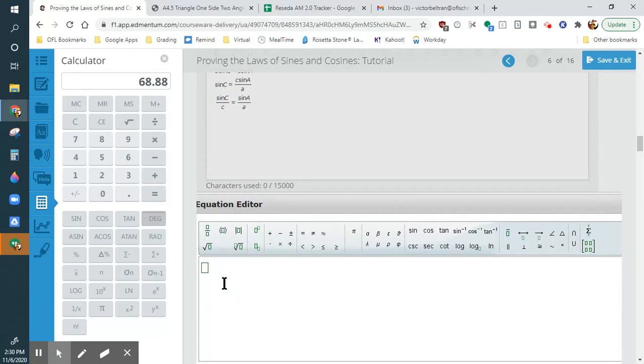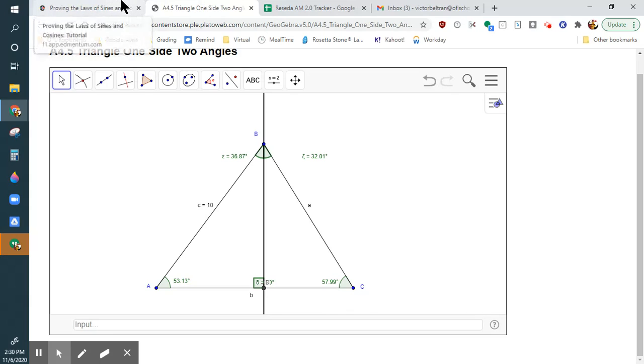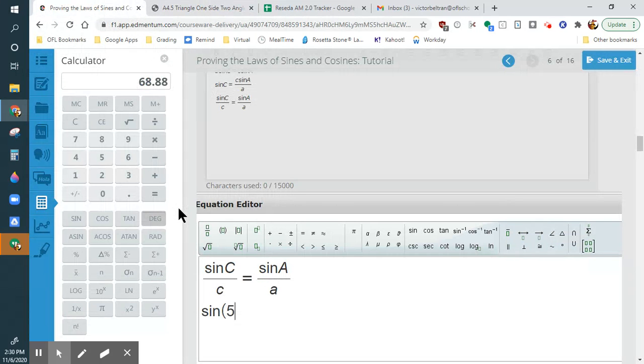So I'm going to say sine of C over little c equals sine of A over little a. Now, from here, I'm just going to plug everything I know in. So sine of, and I'm going to use my angle, sine of 57.99.